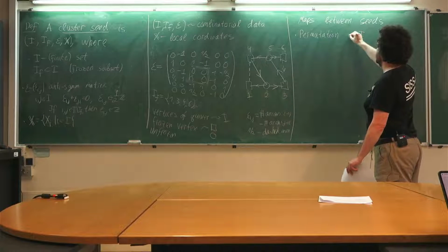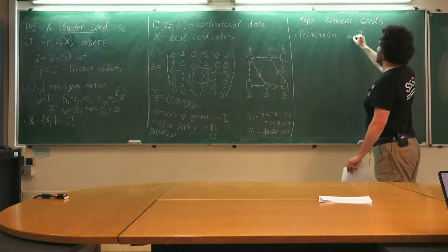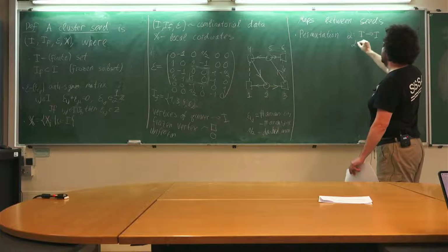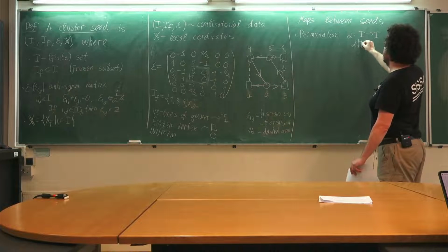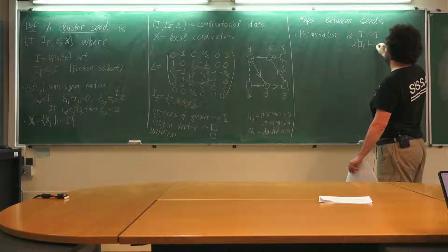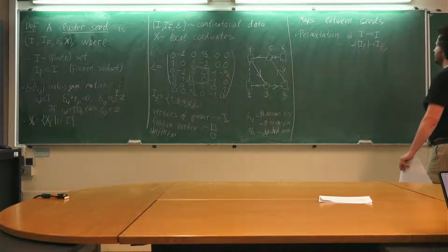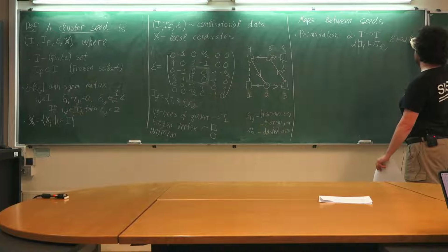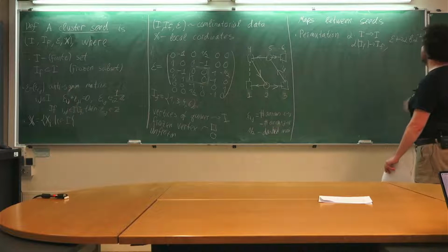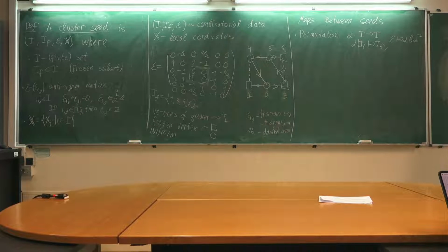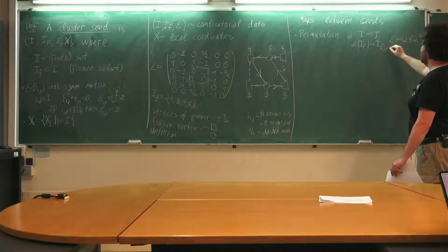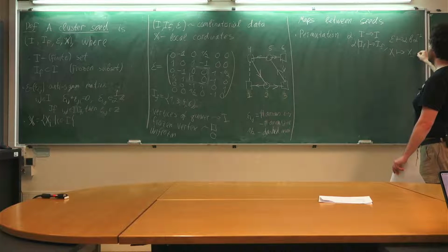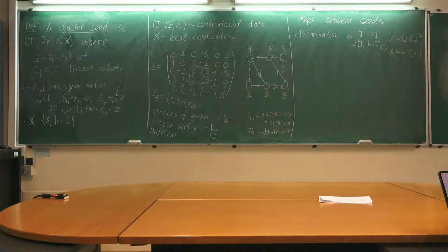We can take any permutation, say alpha from I to itself, such that alpha maps frozen vertices to frozen vertices. Then matrix epsilon will be conjugated by this permutation, and also the variables x will be permuted by this element. Something like this.